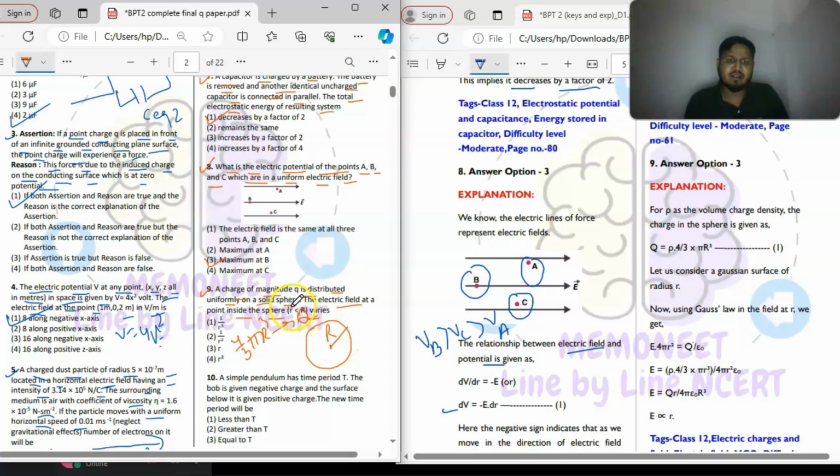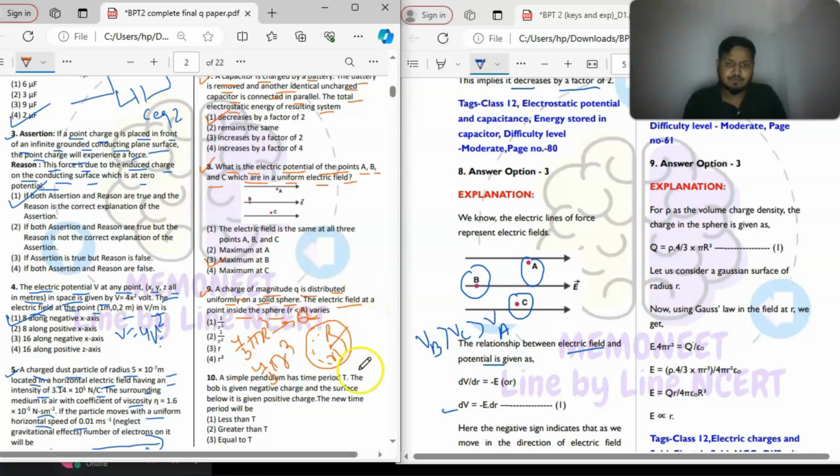But we have to find the electric field at r, inside the sphere. This is the small r, right? So in this volume, how much charge will be there?